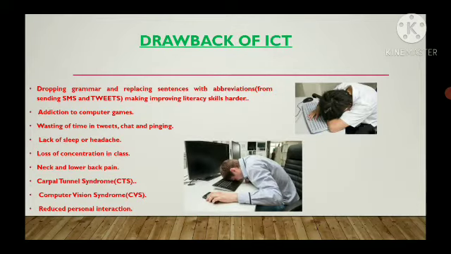Drawbacks of ICTs are dropping grammar and replacing sentences with abbreviations from SMS and tweeting, making improving literacy skills harder, addiction to computer games, wasting time in tweeting, chatting and pinging, lack of sleep and headaches, loss of concentration in class, neck and lower back pain, carpal tunnel syndrome, computer vision syndrome, and reduced personal interest. These are the drawbacks of ICTs.